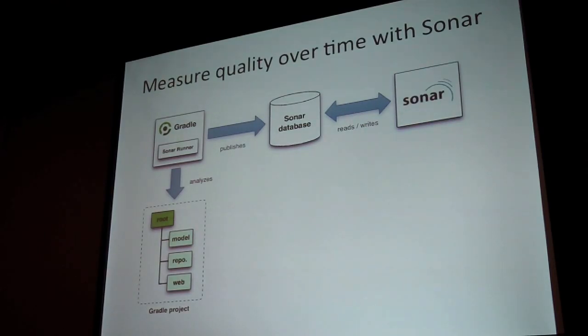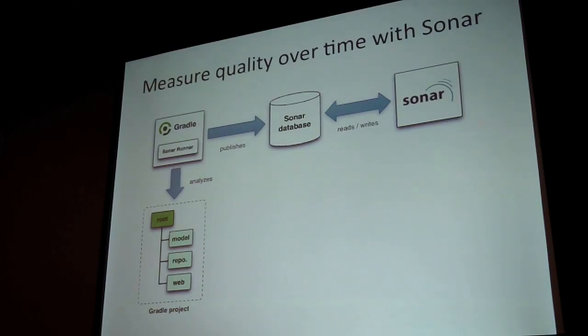It comes with a web dashboard, so you can have a look at how they change over time. And it brings them all together, so it's not just one specific HTML file for one specific tool. You can define a so-called quality profile on that server, which lets you define the tools you want to use and also the rules you want to apply.